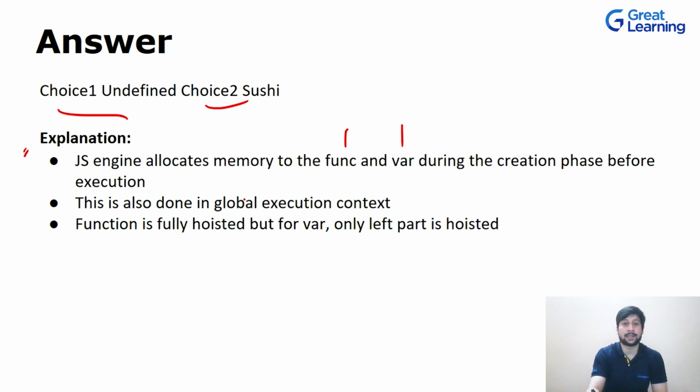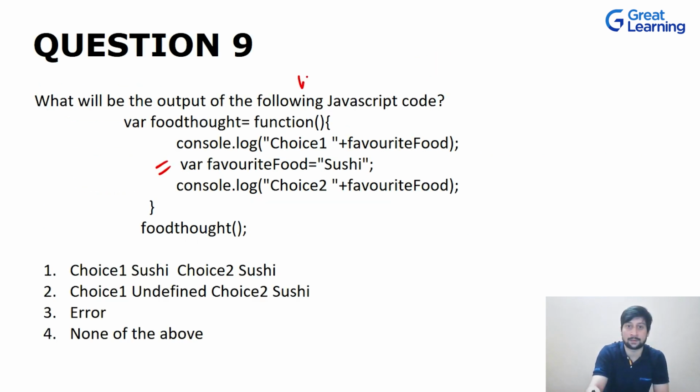So all of these things will happen in the global execution context. So we can also see that functions are fully hoisted and var keywords, only the left part is hoisted. As you can see that in this example, we saw that the var keyword went up and it was something like this, var favorite food was declared.